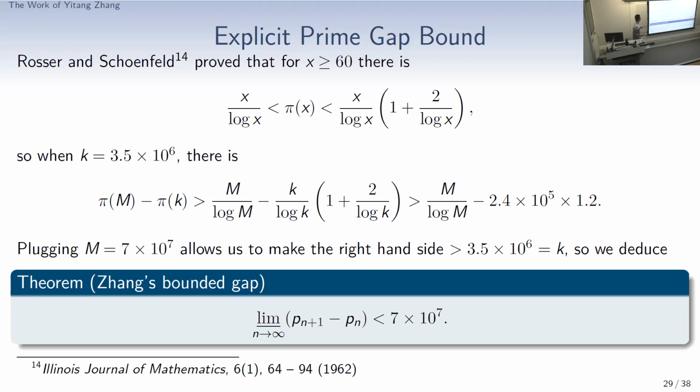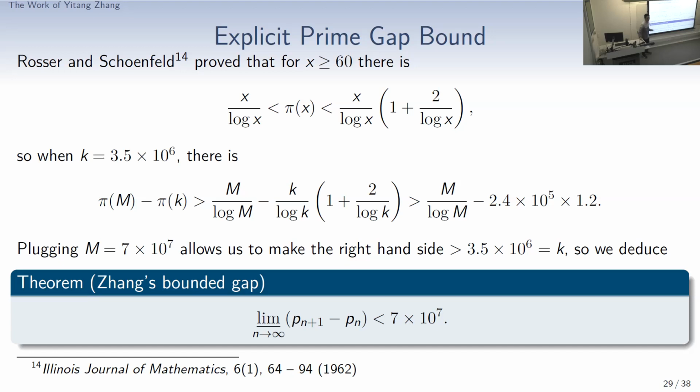Our task will be to find an m such that the interval from k to m has more than k primes, and then this number m will serve as an upper bound for the prime gap. By just plugging in the inequalities, the final thing looks like that.